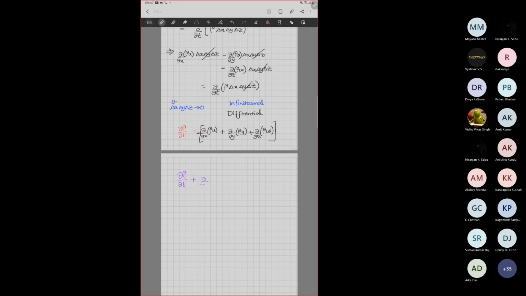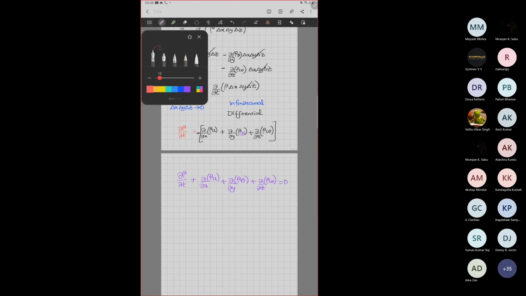So del by del x of rho u plus del by del y of rho v. Here it's not y, it is v, plus del by del z of rho w is equal to 0.